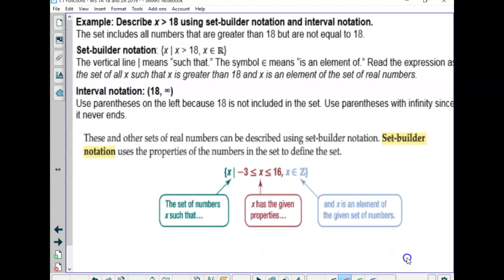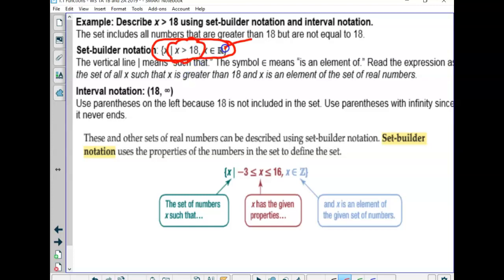All right, so real quick, use set builder notation to say x is greater than 18. They would write this. X, this little bar reads "such that" x is greater than 18, where x is an element of the real number system. If you see that on a test or quiz, it won't be in my class, but on a standardized test like the SAT, this is all they're saying: x has to be greater than 18, okay?